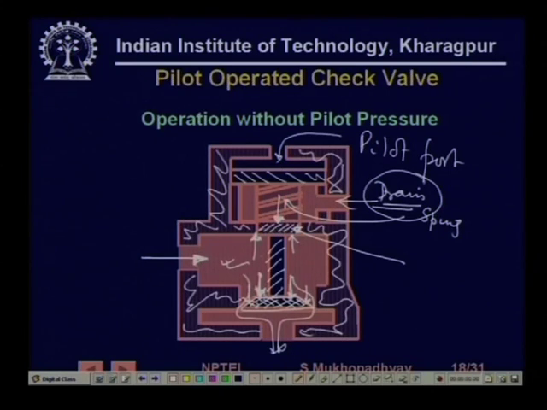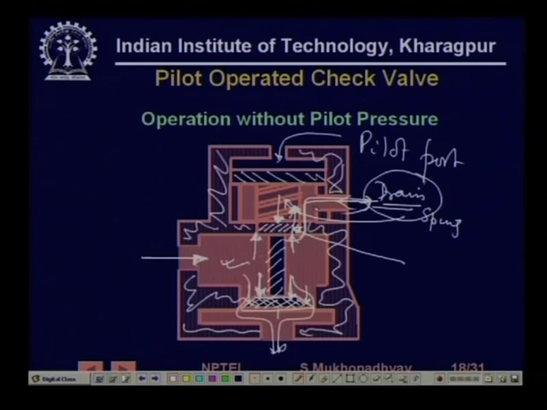Sometimes it may happen that the pressure here may move the spring up, in which case this will open, and the fluid may pass out this way through the drain.